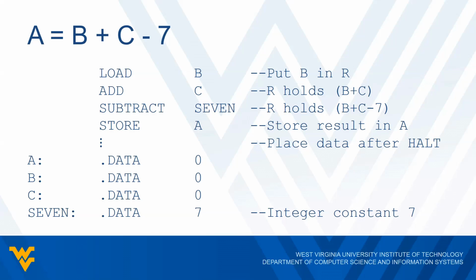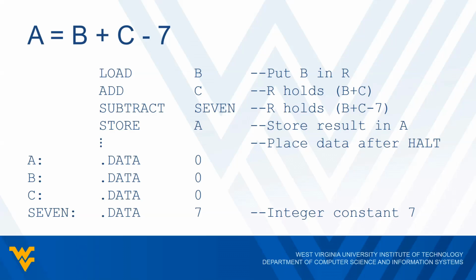Here is another example of an expression where we're trying to compute A equals B plus C minus 7. Here we're going to assume that B and C already have been assigned values. Here it looks like it's 0, but let's just assume that there were some loads earlier that assign some values.